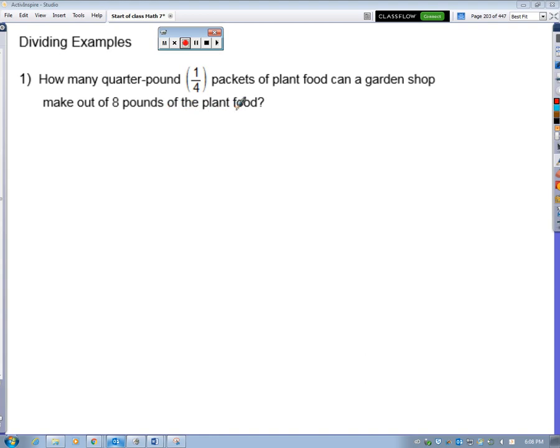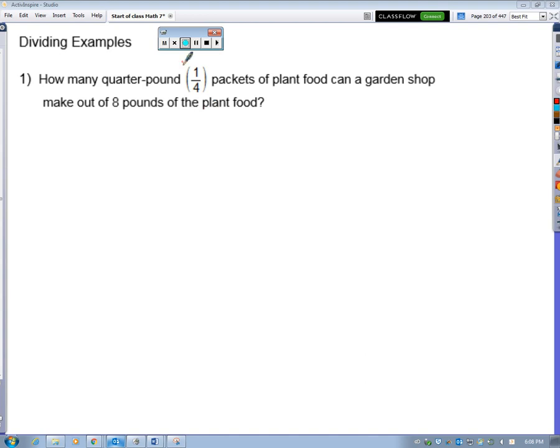Wow, just one sentence, one question out of this word problem. So here's what we're trying to find: how many quarter pound packets of plant food it can make out of the 8 pounds of plant food that it has.